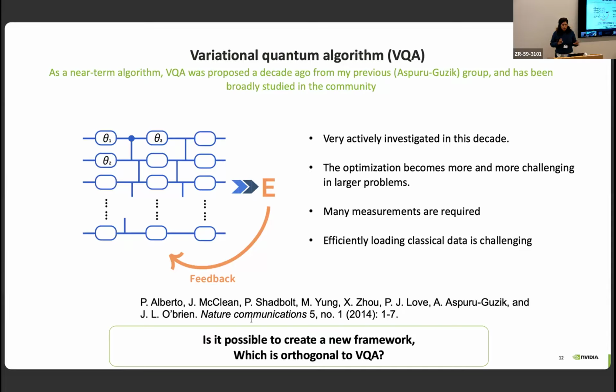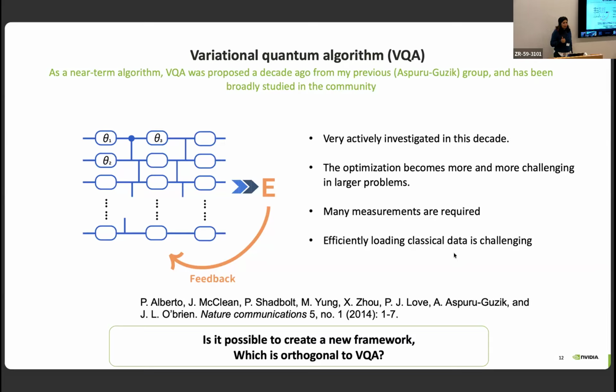What this algorithm proposed was parameterizing some trial state and then training the trial state so that you can find these ground state energies. It's still being actively researched to this day, but the optimization becomes a problem. For example, you need to find an appropriate starting point. You might get stuck in local minima, and there are some mitigation techniques suggested for that.